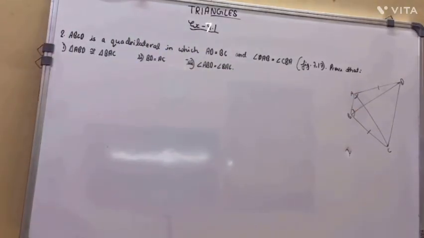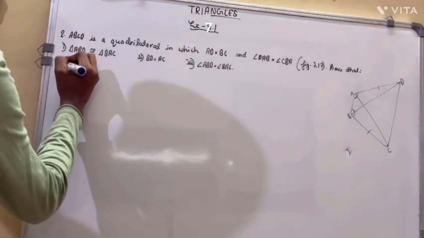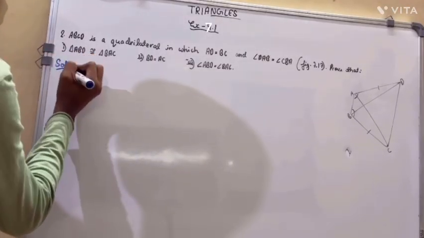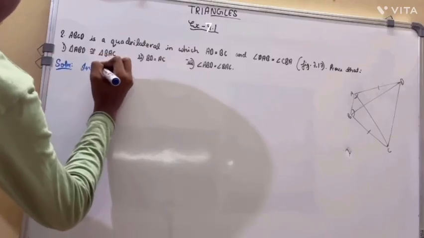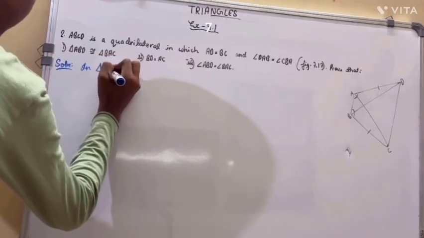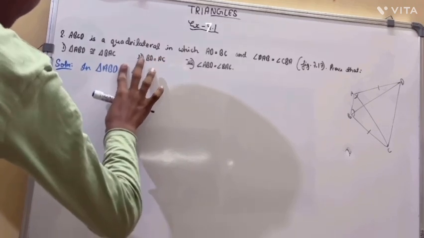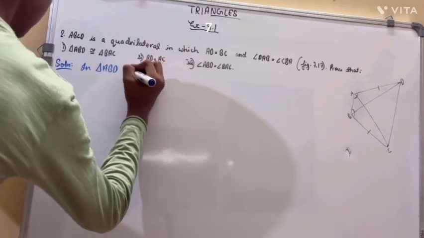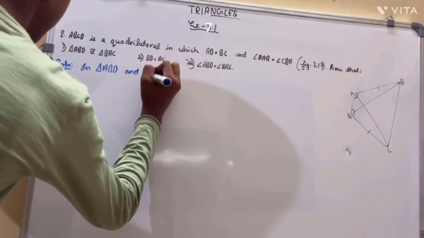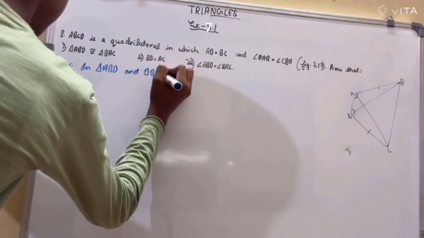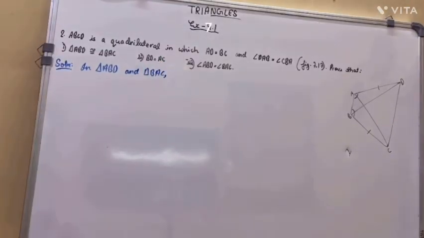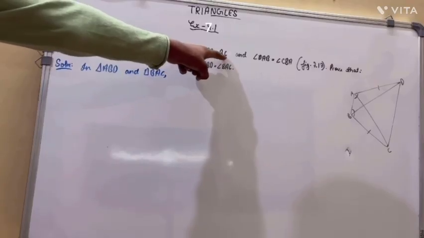So I am writing the solution. You can write in your notebook. In triangle ABD and triangle BAC, what we can see, it is given that AD is equal to BC.